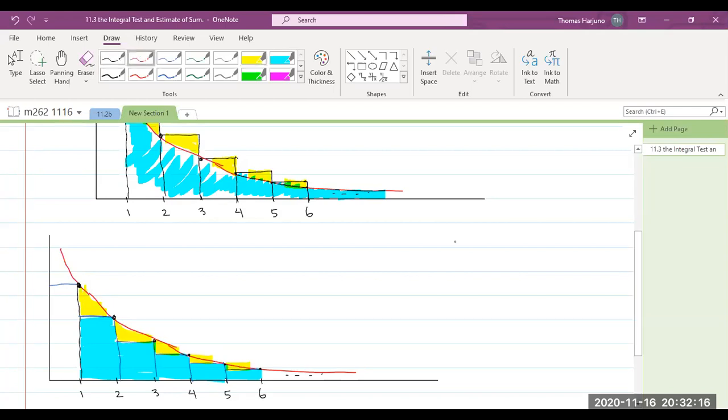Okay? So the integral from 1 to infinity of f(x) dx is greater than, to be safe, equal to the series, but not from the first term. We start from the second term of the sum n.